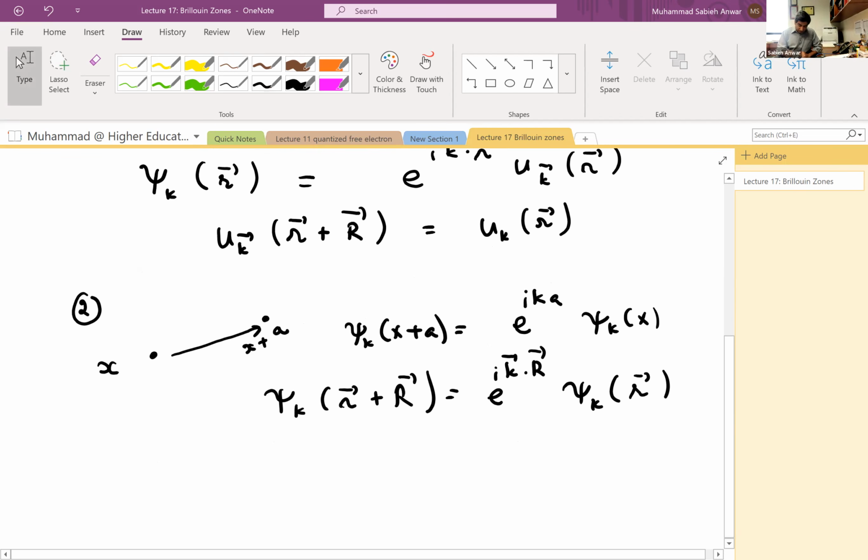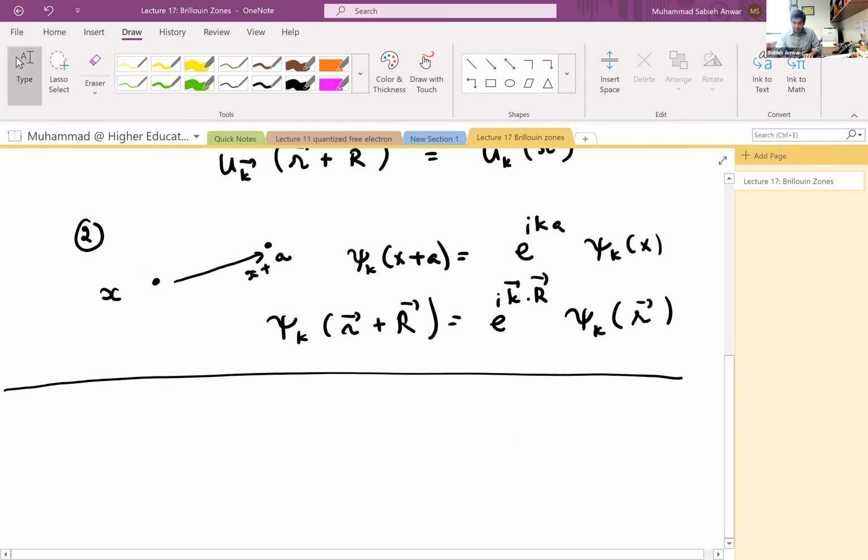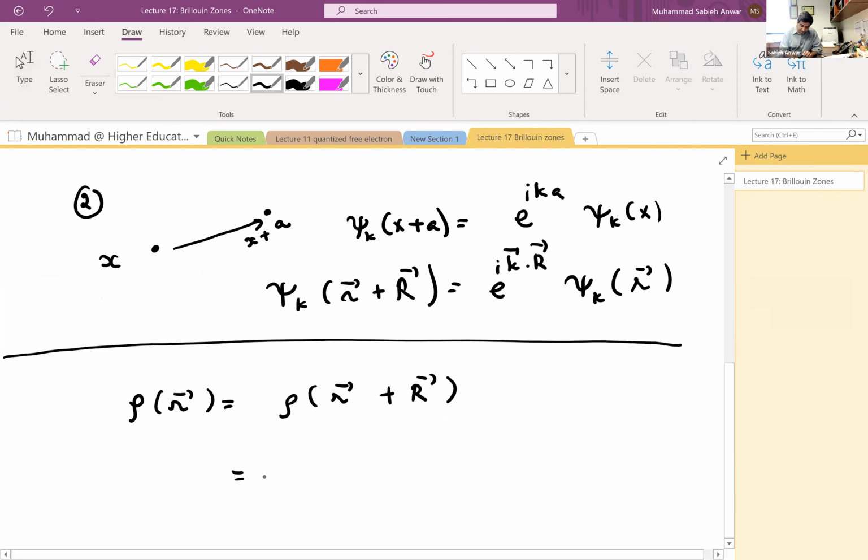We also started off our previous lecture by deriving the Fourier decomposition of any periodic function. We learned that for any periodic function, if rho(r) is the same as rho(r + R), where capital R is the period in space, then this function can be broken down in the following form.